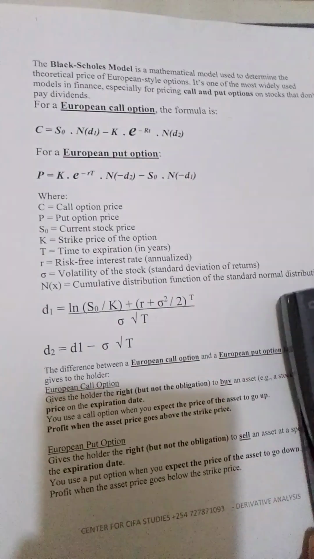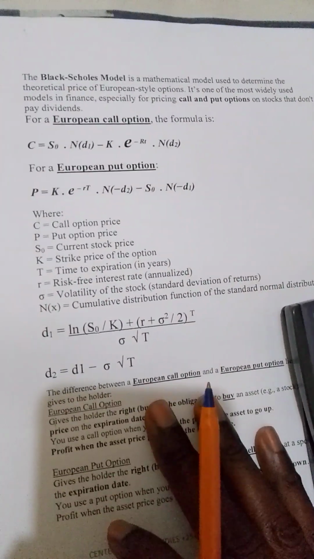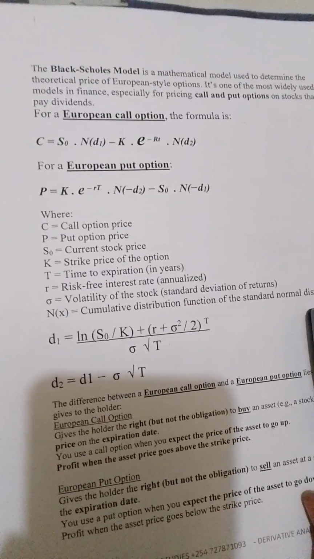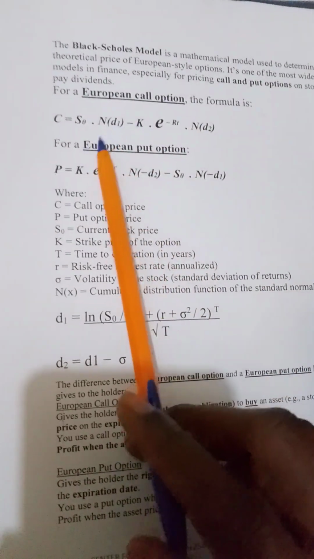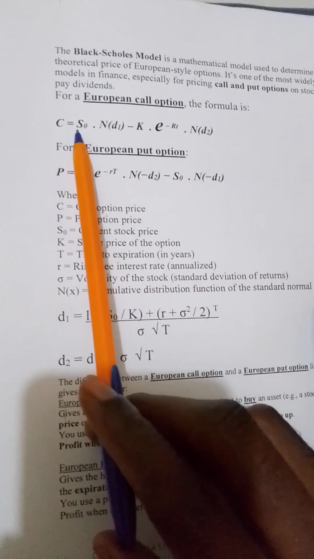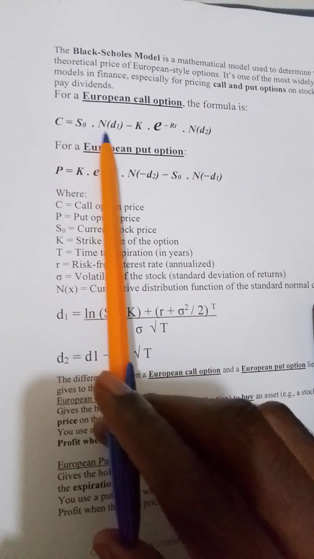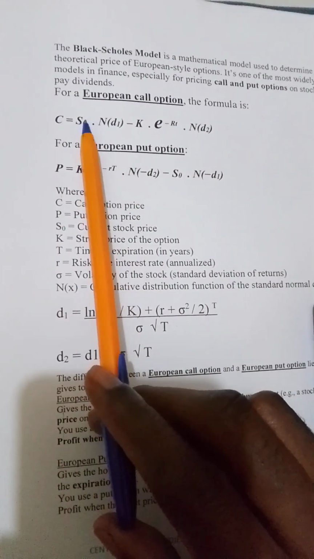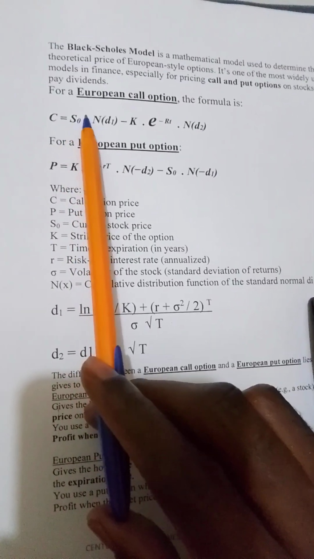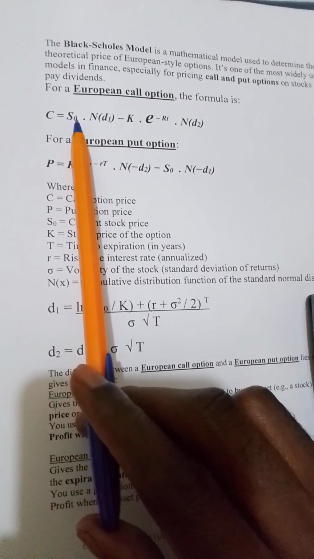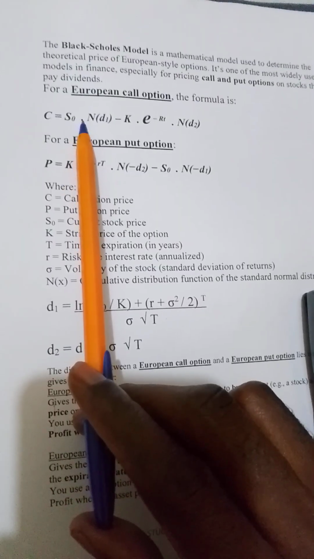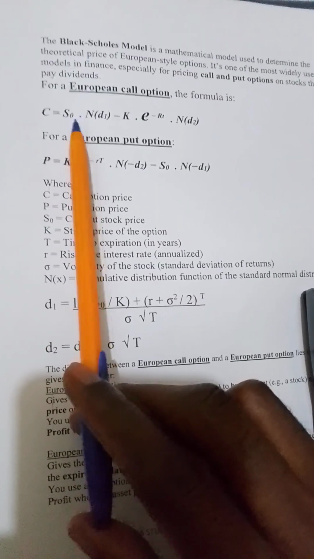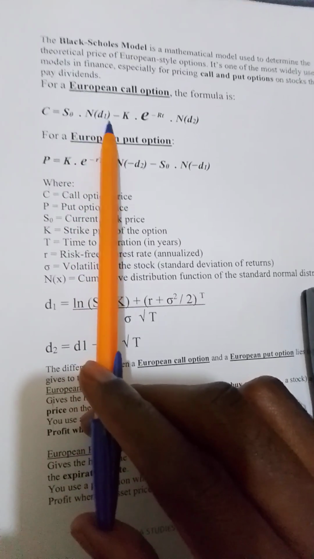Now, the formula for the European call option, you can see, just as we did last time, C is equal to S naught times N(D1).